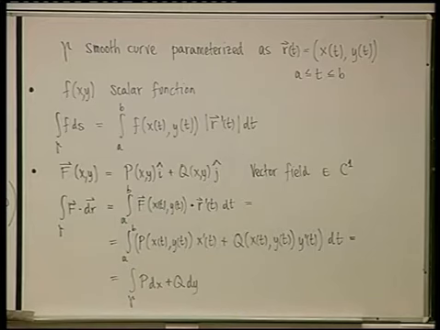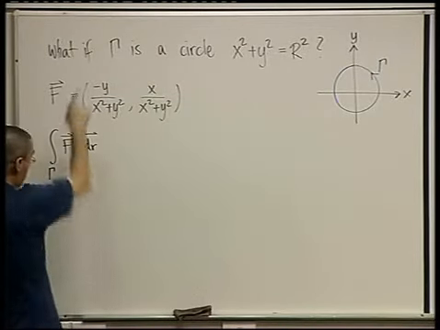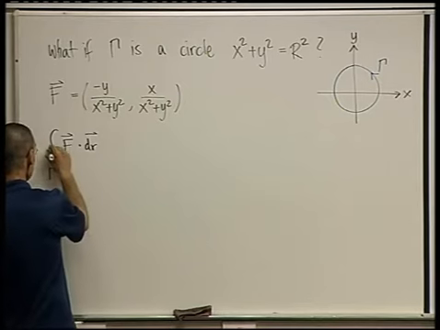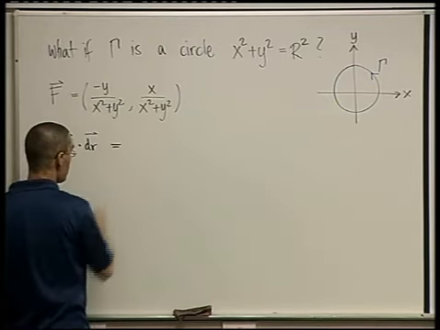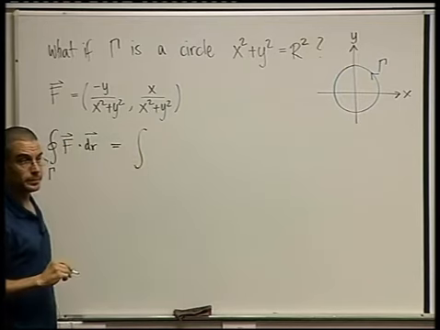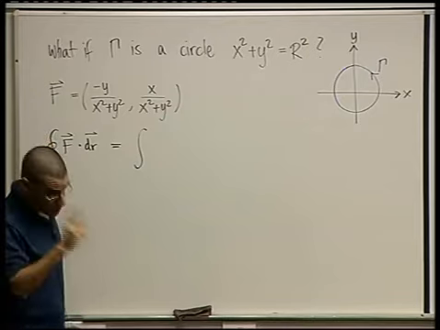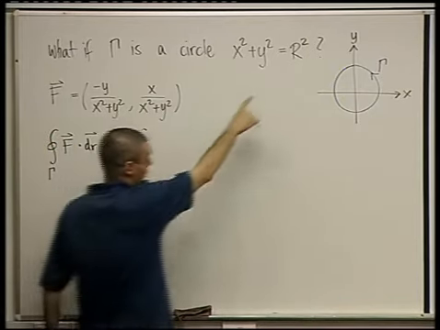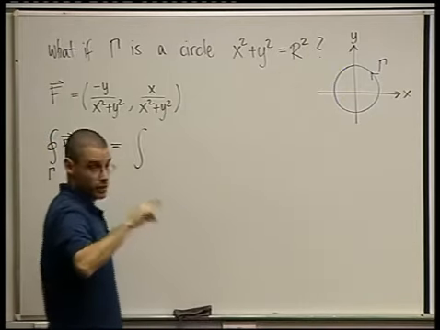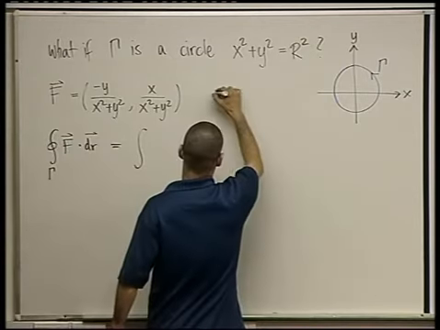So here's the answer. The integral of this F, it's always this F in this clip, over the circle, now gamma is this circle, equals, so what's the parametrization of a circle? That's the unit circle, but here it's a circle of radius r, then it's r cosine t, r sine t, right? So let's write that.